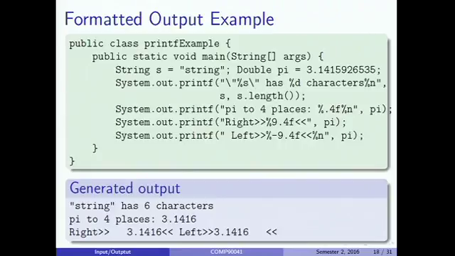Okay, and here's the output. So a string has 6 characters, pi to 4 places, 3.1416. You notice it's not 3.1415, so when it runs out of space, it rounds the next digit. It doesn't truncate, which is what you'd want.